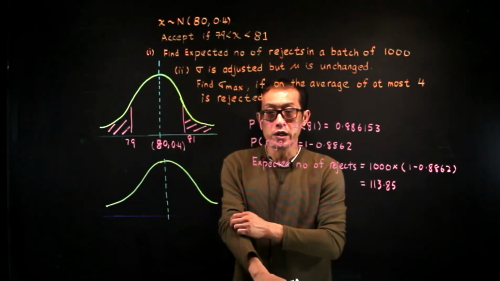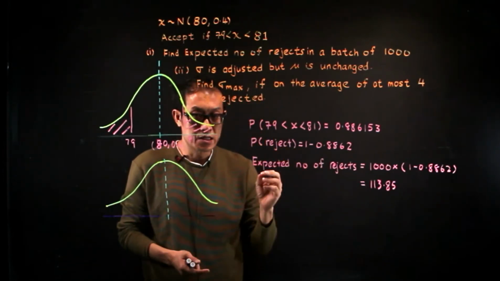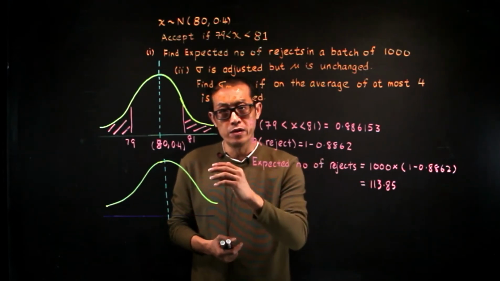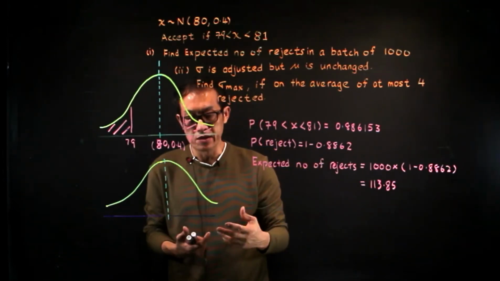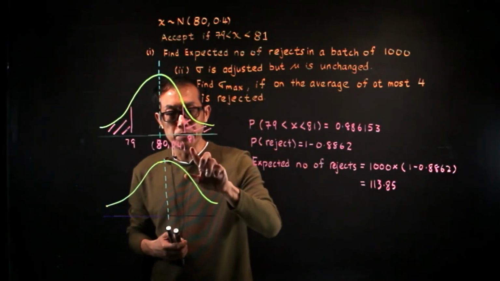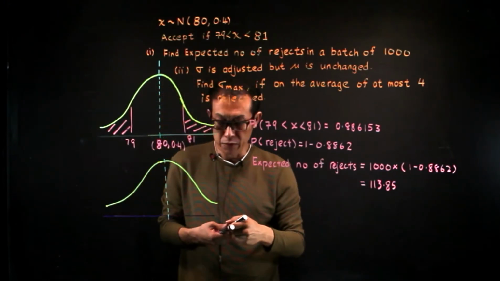But what we can do is we can convert this to a standard normal. A standard normal is a normal distribution that has a mean of 0 and a standard deviation of 1. Now, what is the corresponding point of 81 on a standard normal distribution?